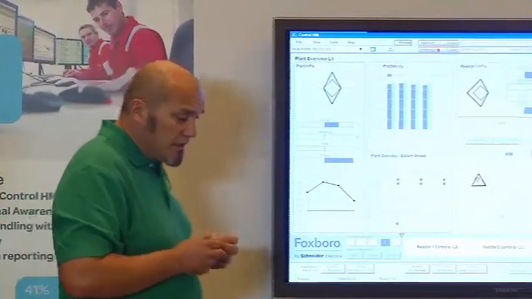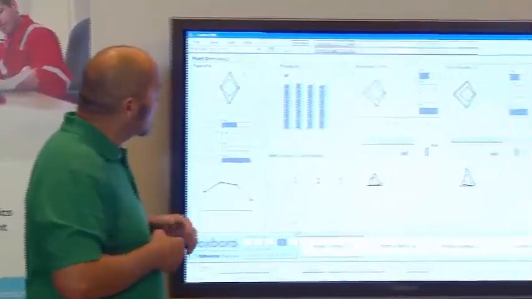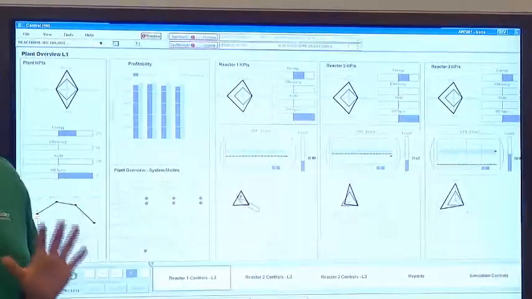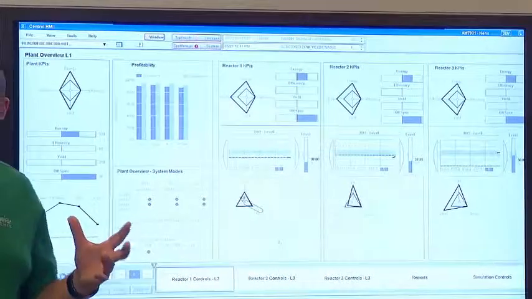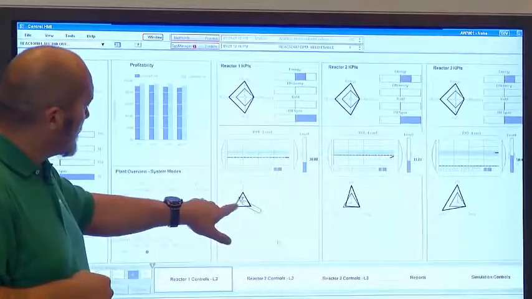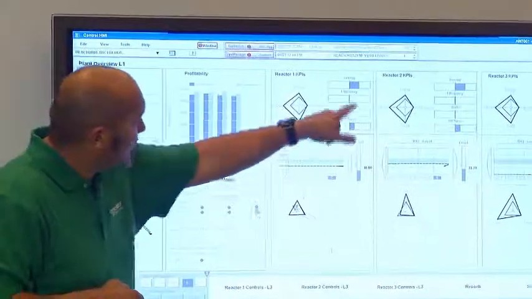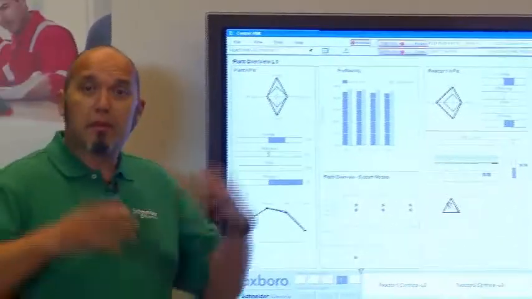Using a situational awareness concept for graphics, we're able to create an overview display that gives the operator total oversight of what's going on. We combine the techniques I've mentioned, trend tails, animated polygons, as well as other techniques, to represent the overall performance of the plant in general.